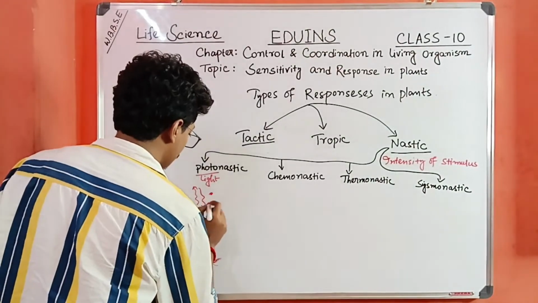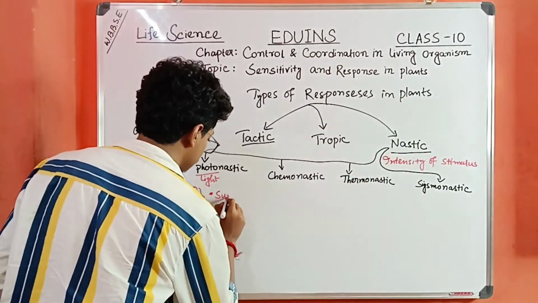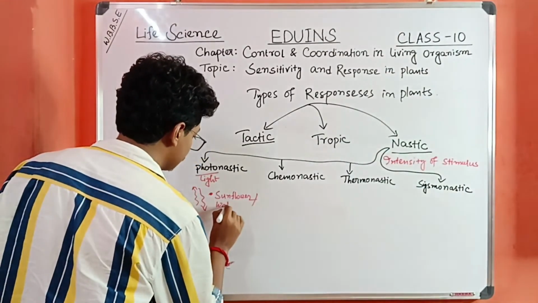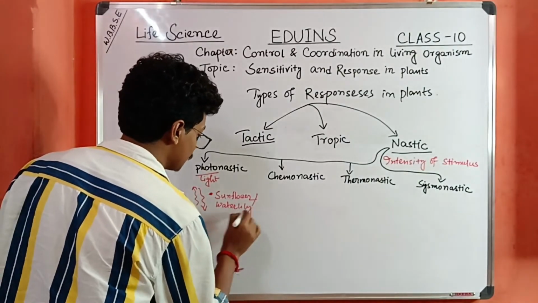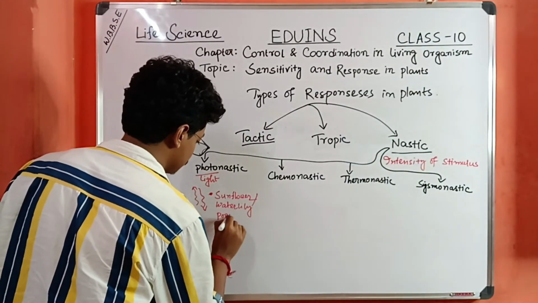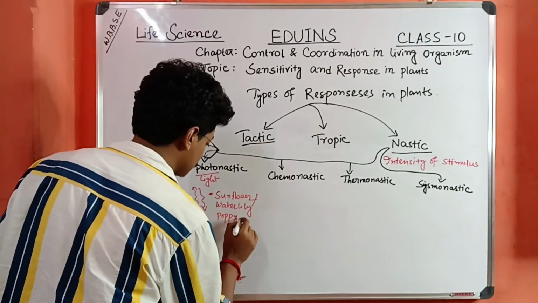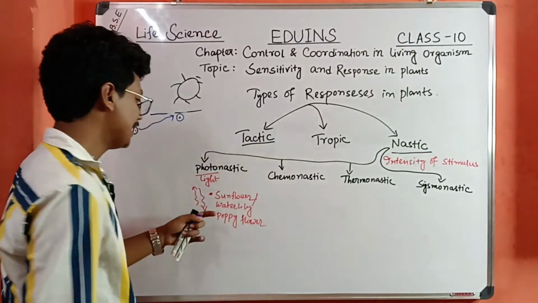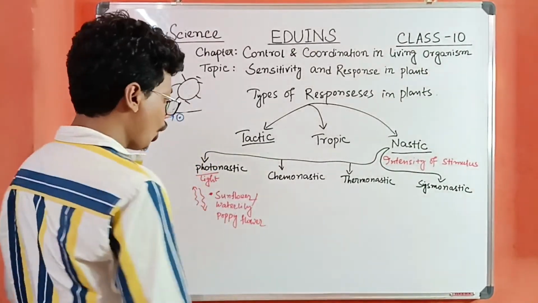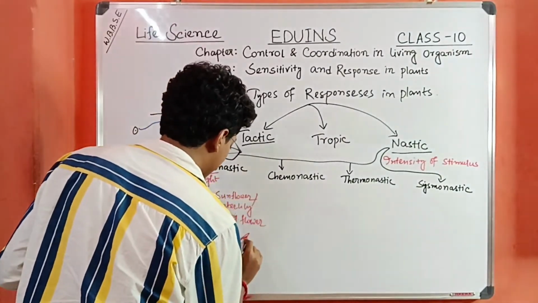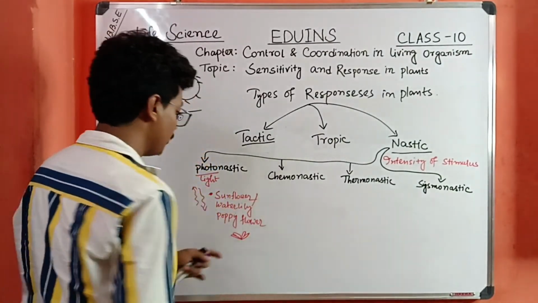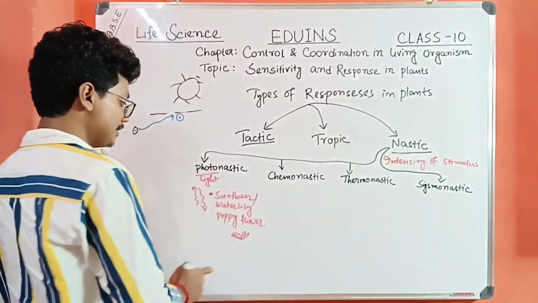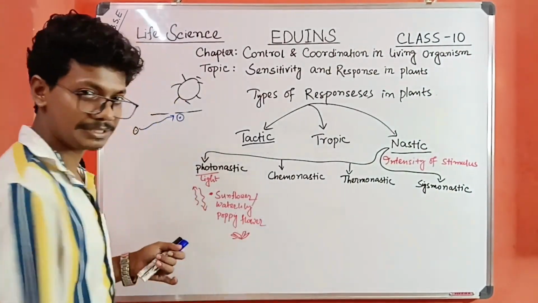One example, sunflower or the water lily or poppy seed flower. Okay, they only bloom or open their petals at the time of sunrise and close their petals at the time of sunset.